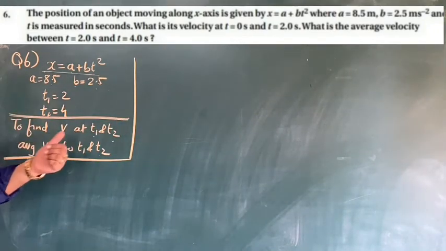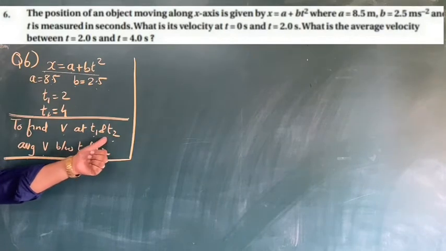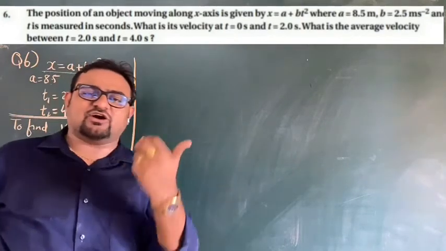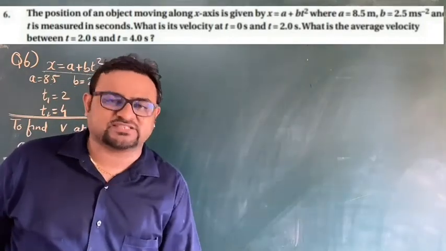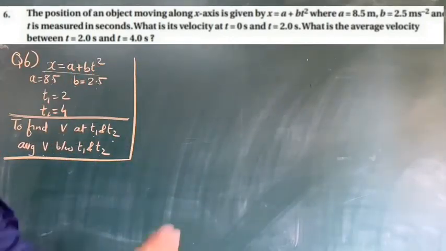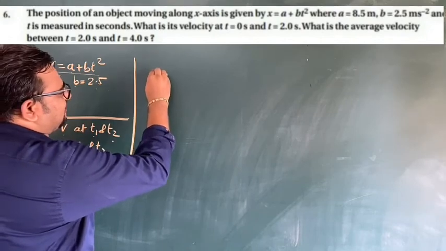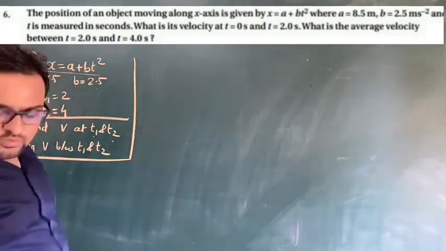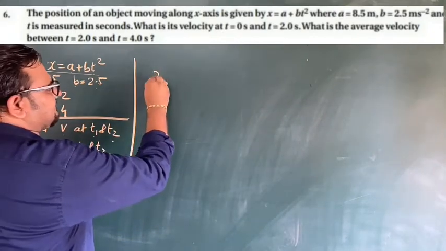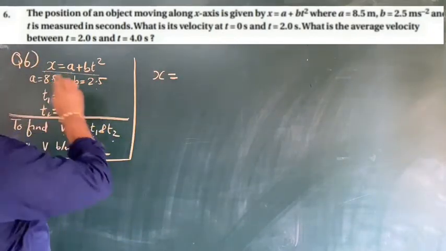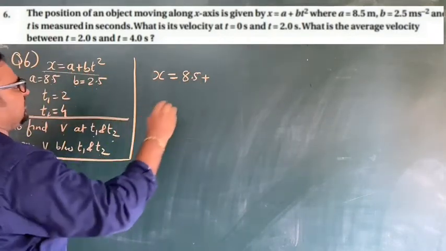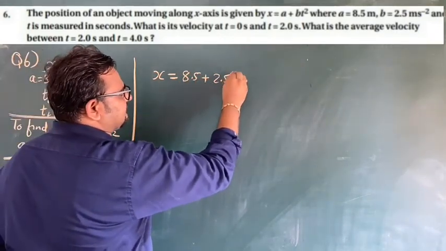So first we'll find out v at t1 and t2. This means that it is instantaneous velocity. If you have to find out the velocity at any specific instant, that is instantaneous velocity. Let me first write down the equation for the displacement, putting the value of a 8.5 plus putting the value of b, 2.5 t square.